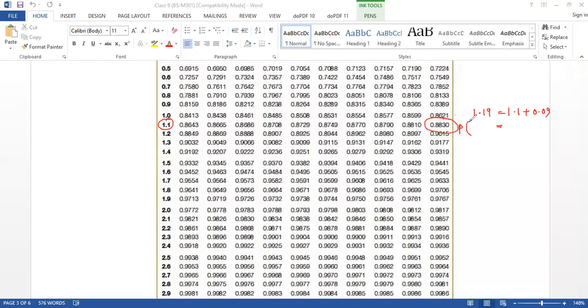Okay, and the probability of Z less than 1.19 is given by 0.8830 from this particular chart. 0.8830 is the probability. I just have to remember it.